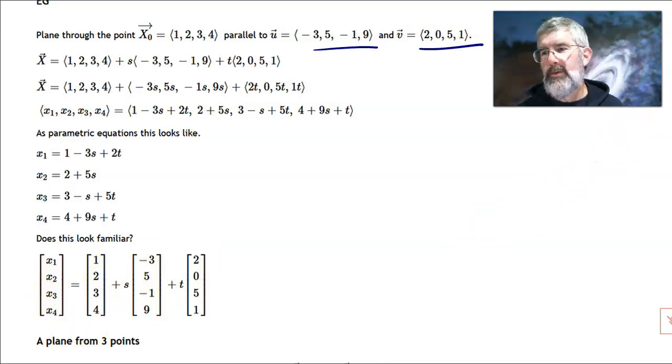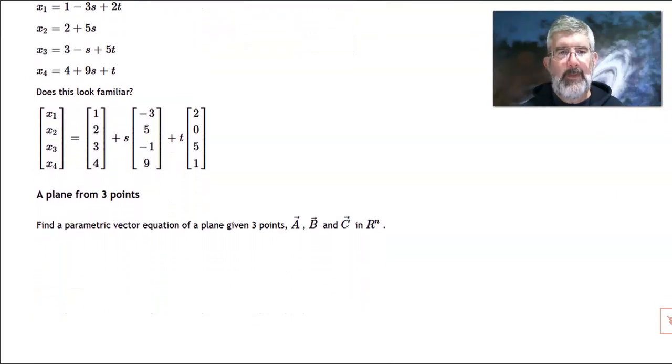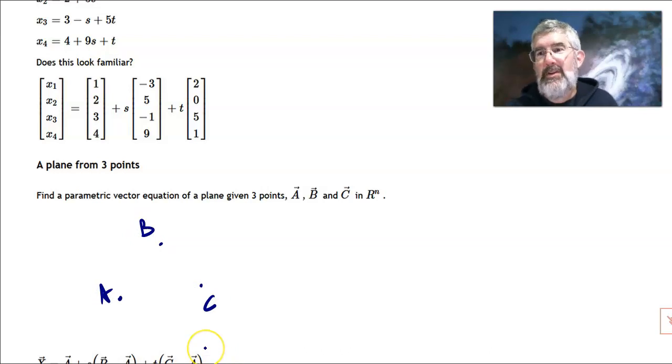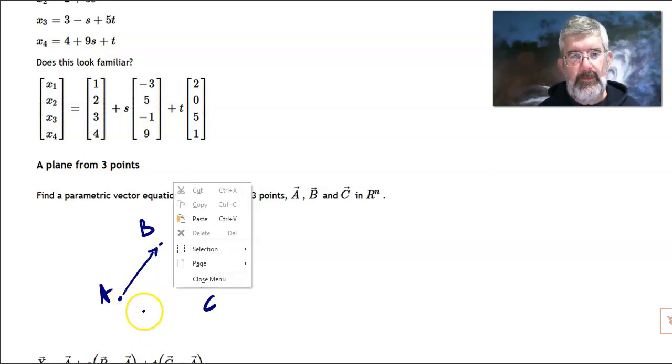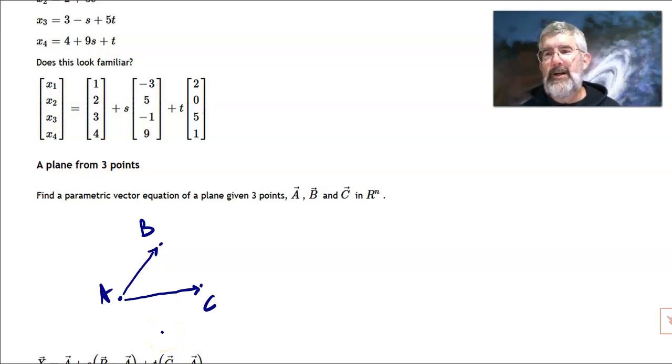Now, another setup where we might be able to describe a plane is if you're given 3 points. If you have points A, B, and C somewhere out in Rn, then 3 points determine a plane. That is, I can look at the vector from A to B, and I can look at the vector from A to C. Those 2 vectors would be the vectors parallel to the plane that I can use as u and v.